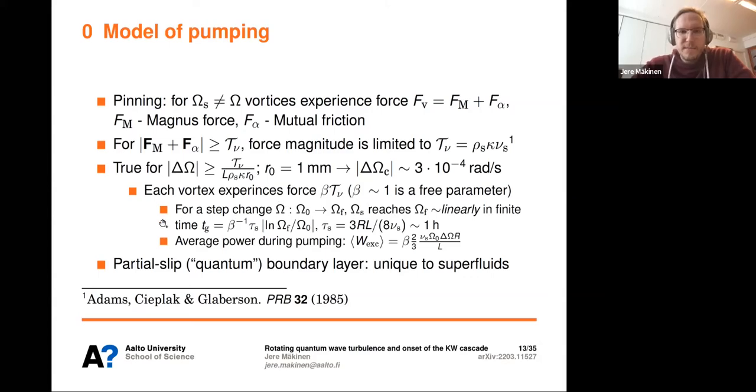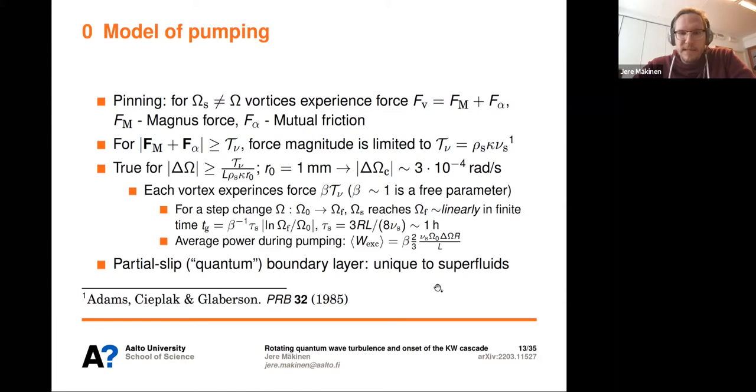Another prediction from this model is that for a step change, where you change the drive between some values, the superfluid velocity reaches the final angular velocity approximately linearly in finite time, which has this value. And we can also calculate the average power during the pumping.